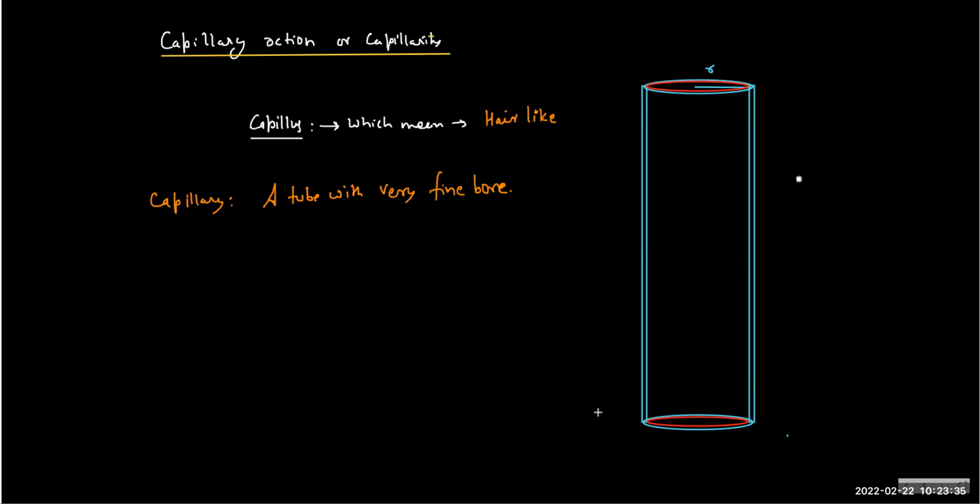So how exactly is the capillary capable of pulling the water up the tube against gravity? For that, we need to understand the concept of surface tension that we have already explored. So look at this.